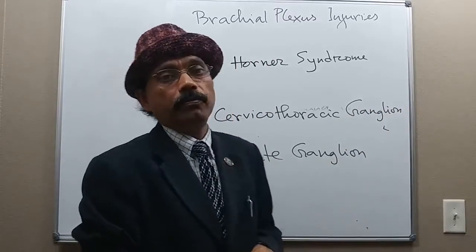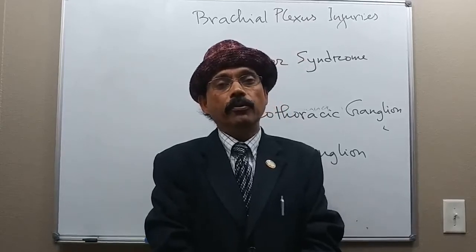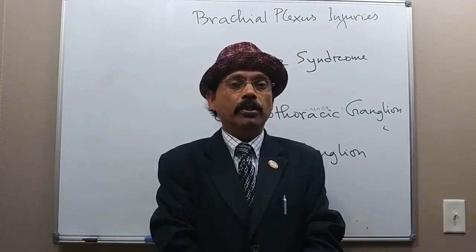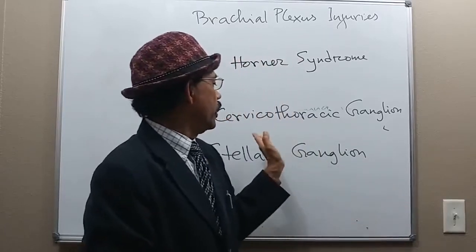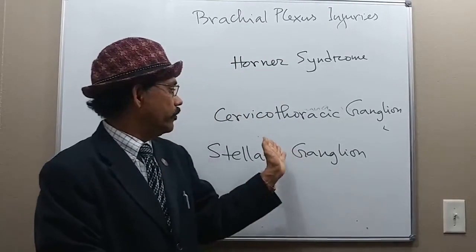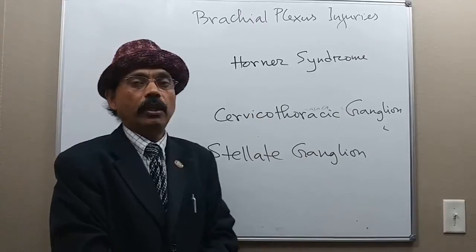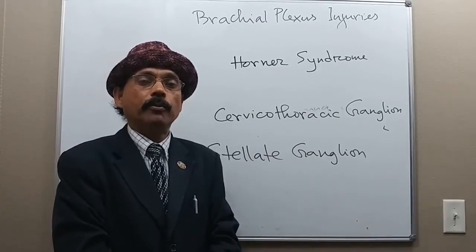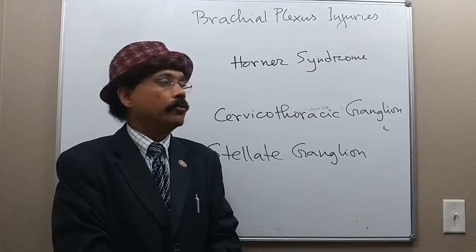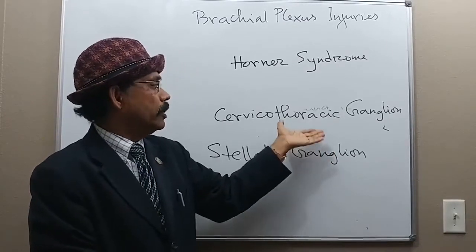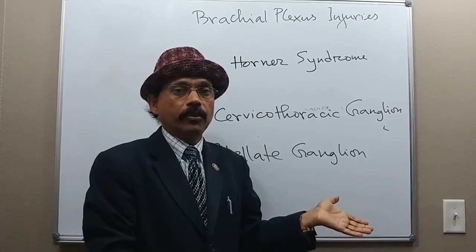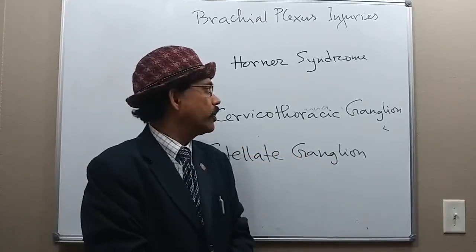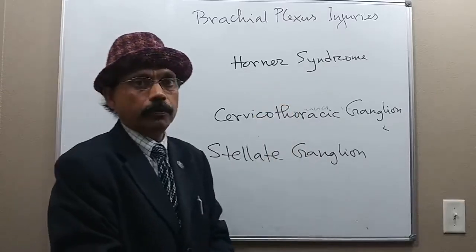It is a ganglion formed by the union of the inferior cervical sympathetic ganglion and first thoracic sympathetic ganglion. The stellate ganglion is located, this is same as cervicothoracic ganglion, this is located in front of the transverse process of C7. So if these are involved in any type of cancer like breast cancer or apical lung cancer, we may get Horner syndrome.